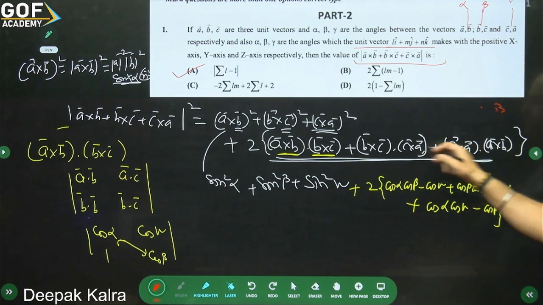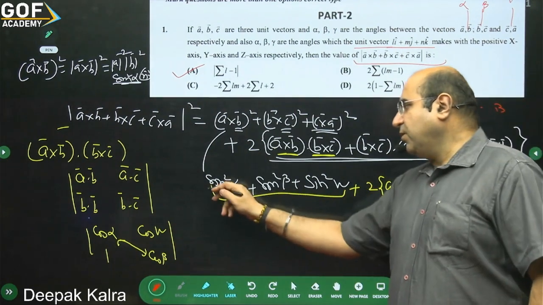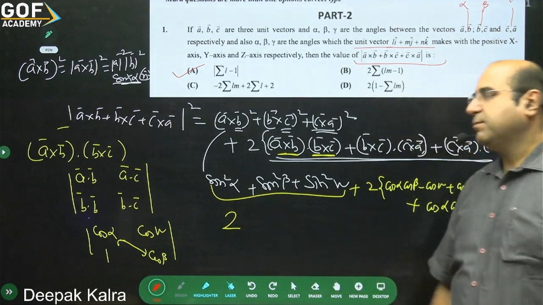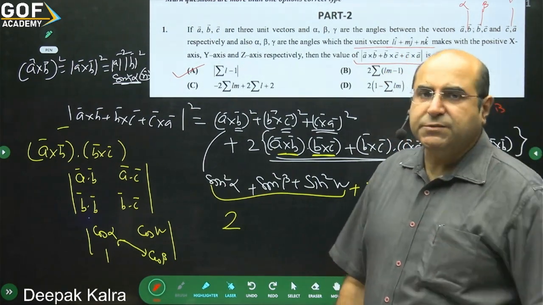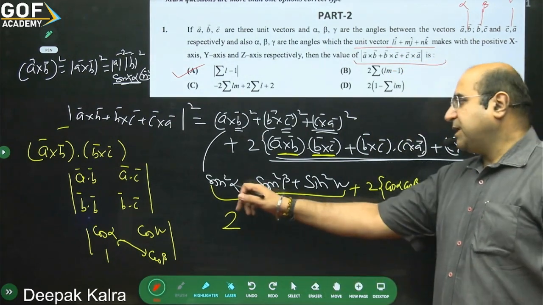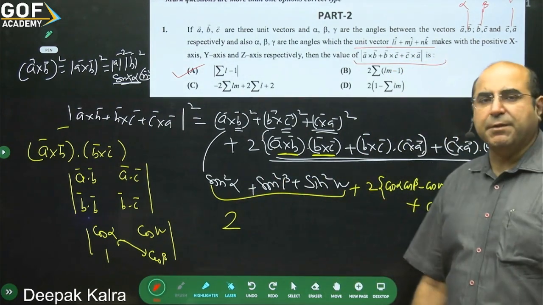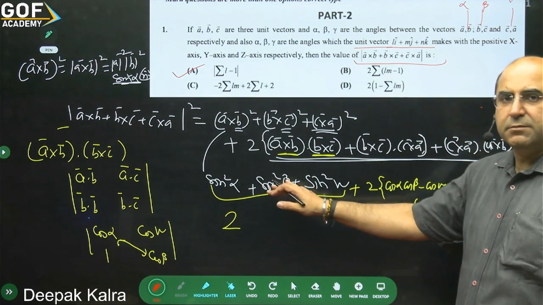Okay? Just open it up. This value you know is nothing but 2. Cos square alpha plus cos square beta plus cos square gamma is 1. Basic result of vectors. So sin square alpha plus sin square beta plus sin square gamma is 2. I think you know this, right?